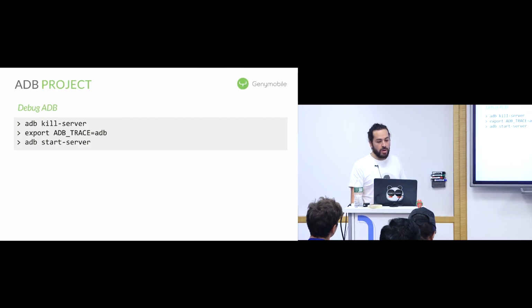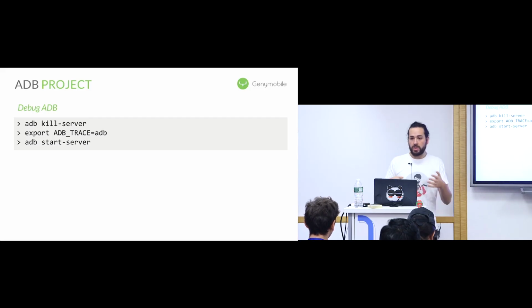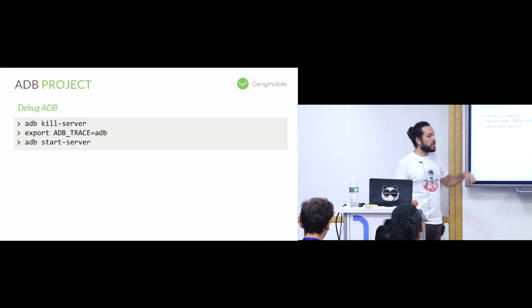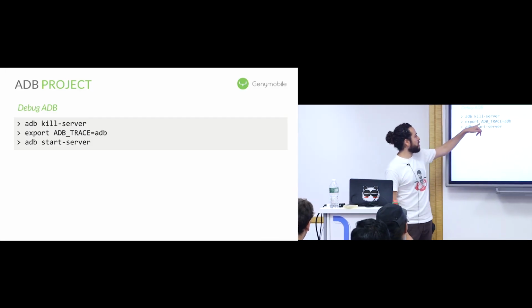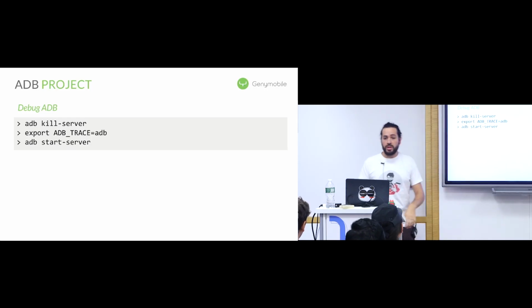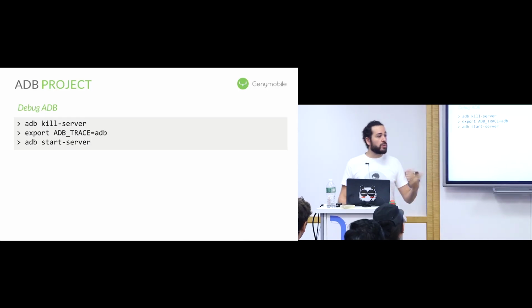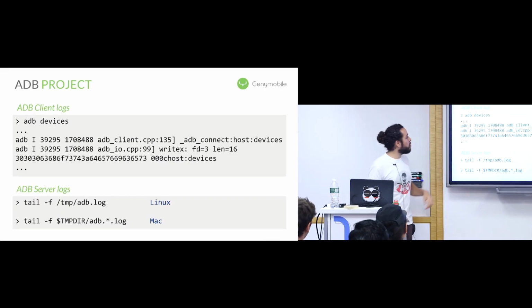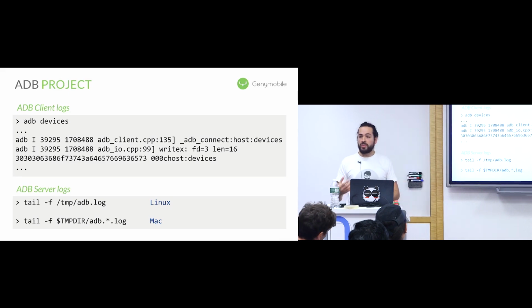Another interesting thing is that you can try to debug ADB locally and see what's happening from inside. If you kill the server, export the environment variable ADB_trace, set it to all or ADB, and then restart the server, you will have more logs, and it will be very verbose.